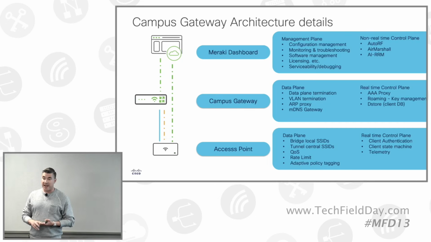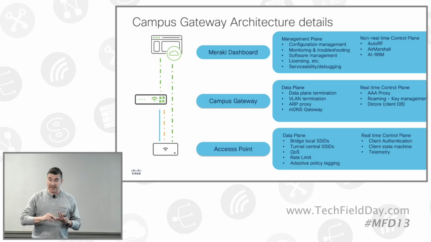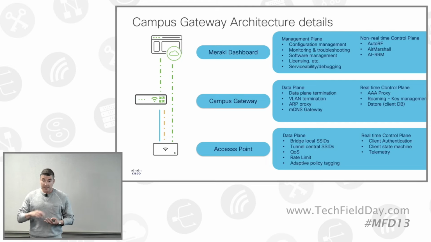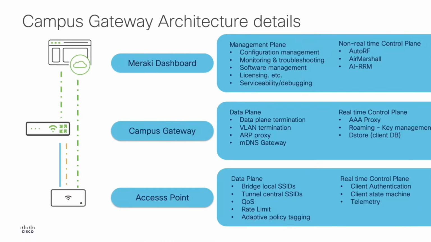It's doing your AAA, it's doing your mDNS, but it is also keeping your roaming key store and your client information. So that's the D store on there. When I talk about roaming scale, that's how we're handling a lot of that, being able to pump up that scale from a distributed model where we don't have the keys hashed across multiple APs and we don't have the client database across multiple APs. We're keeping it in one central place to allow us to roam up to 1,000 roams per second, which is the way we've tested this. So that's the key differentiator.